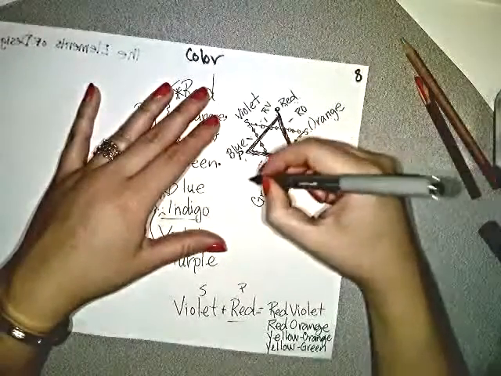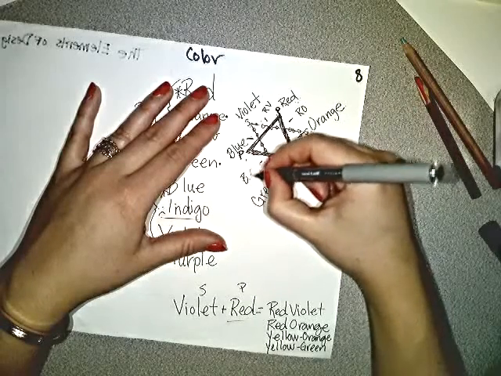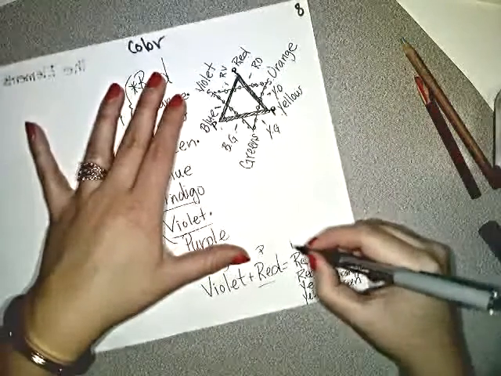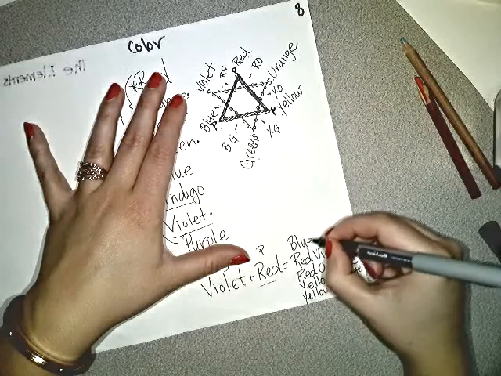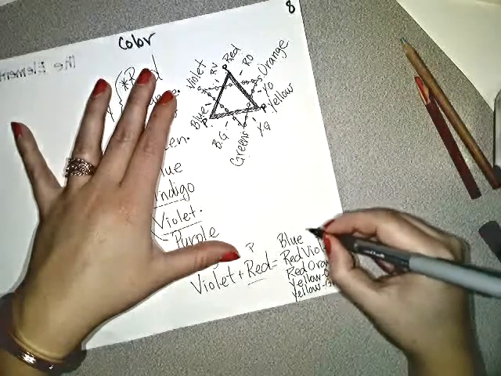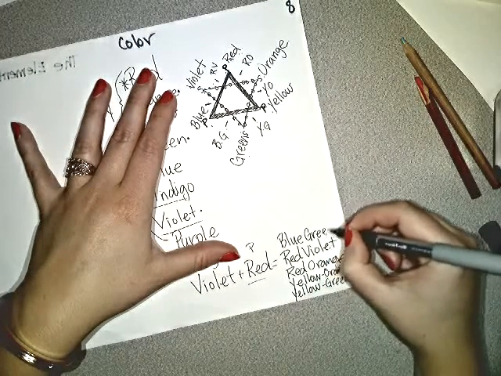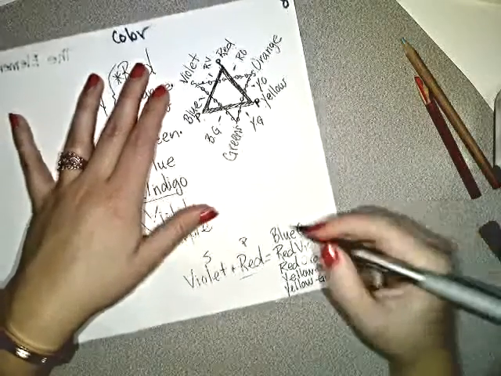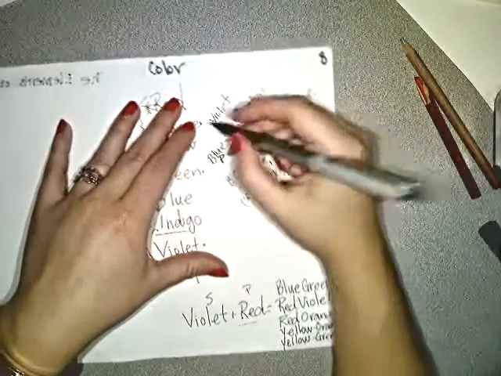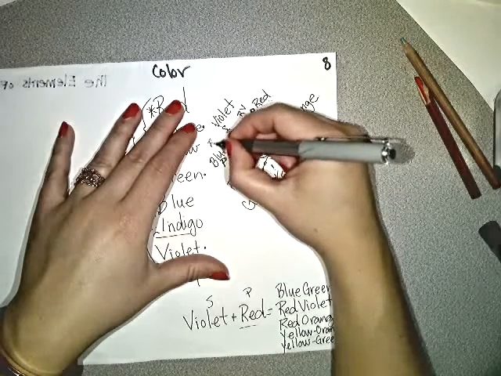Between blue and green, it's blue-green. Again, because blue is the primary color here. Then we have blue-violet, because blue is the primary color.